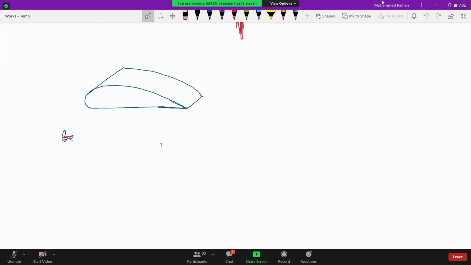So let's say this is the plane, and these are the wings. This section of the wing is called an airfoil.